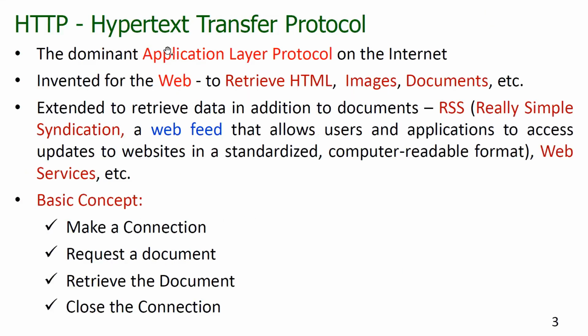Hypertext transfer protocol, that is HTTP, is the dominant application layer protocol on the internet, invented for the web to retrieve HTML, images, documents, etc. It was also extended to retrieve data in addition to documents, especially RSS, which is a web feed.